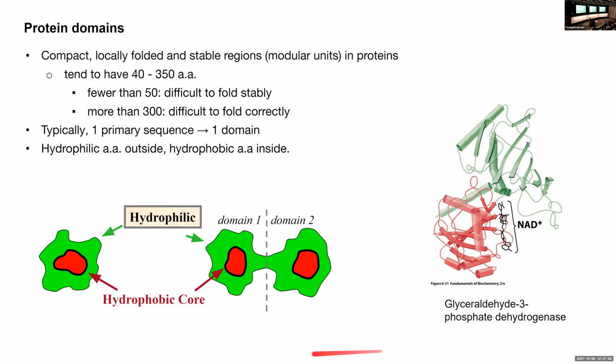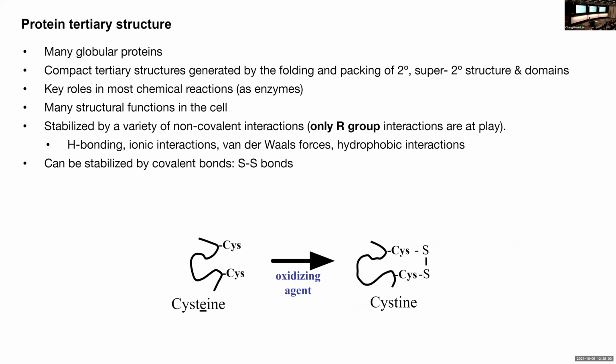So we talked about the hydrophilic regions and the hydrophobic core that is inside. So it's going to be the first sort of formation of the protein. And then we talked about the tertiary structure, where hydrogen bonding, ion interaction, and all other interactions are important, as well as disulfide bonds.